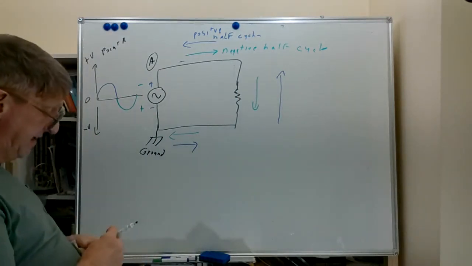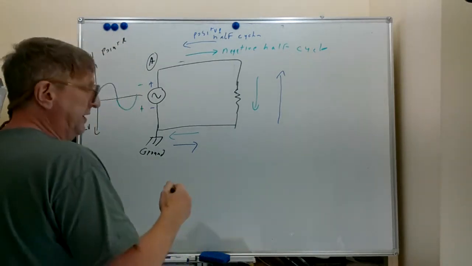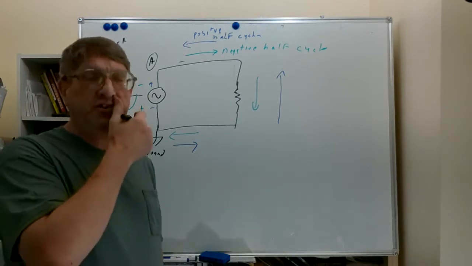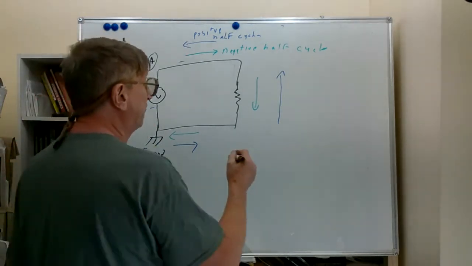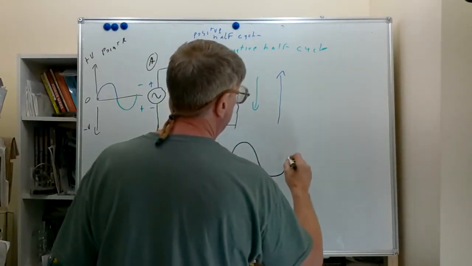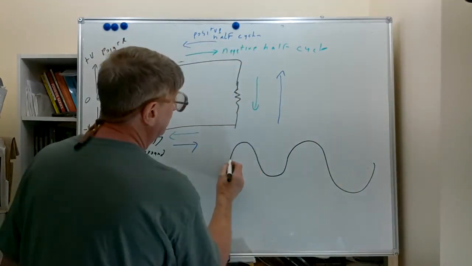So with AC, we see that the direction of current changes. And in your typical house wiring, we have a 60 hertz cycle rate. I'm going to draw a couple of waveforms here.